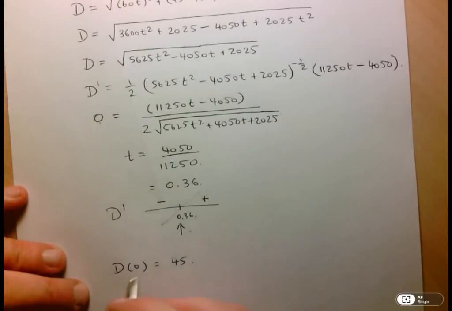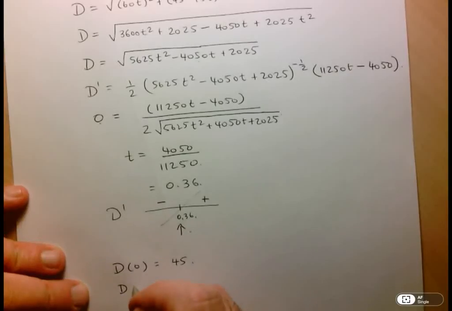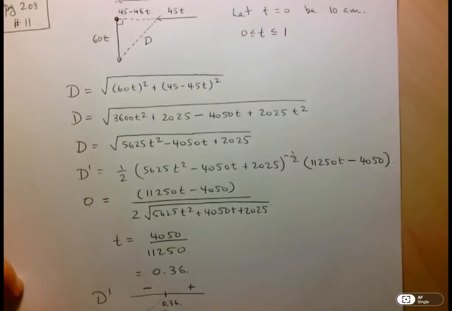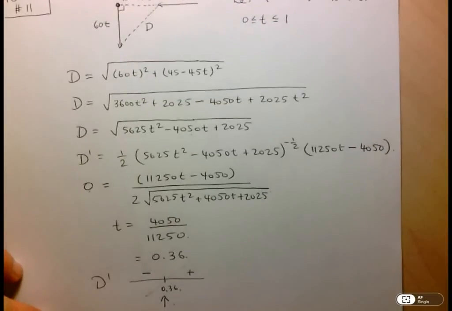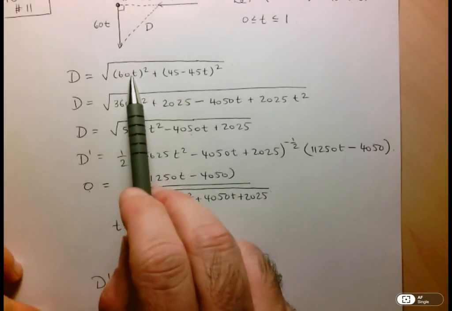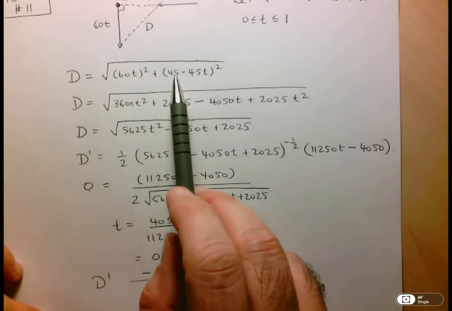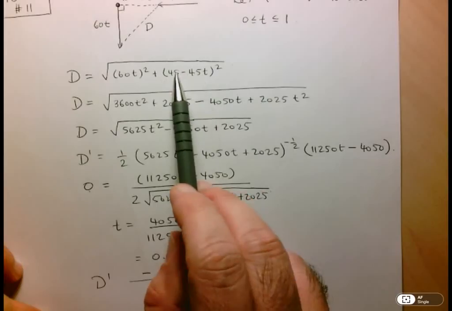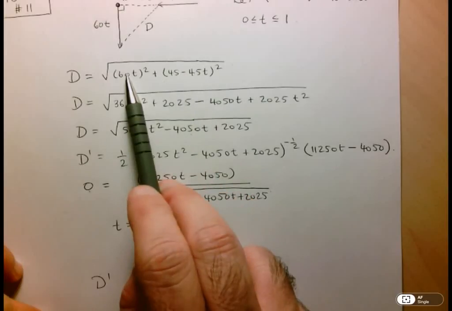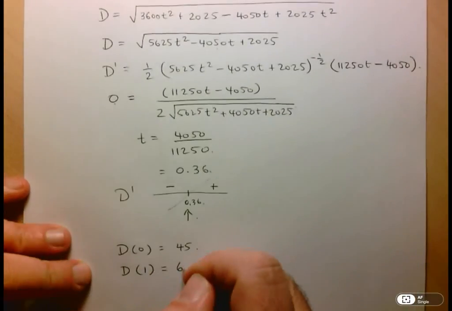If we take d at 1, which is the other endpoint, let's go to our equation here. We've got 60 squared plus 45 minus 45, which is going to be 0. So the square root of 60 squared is just 60.